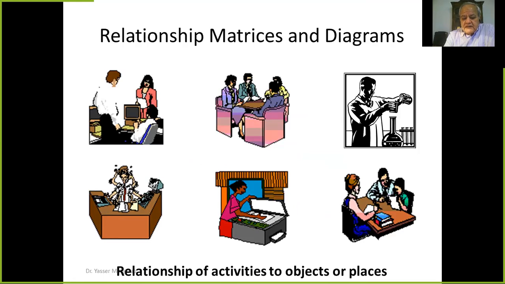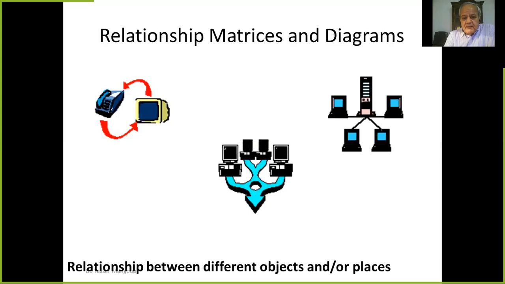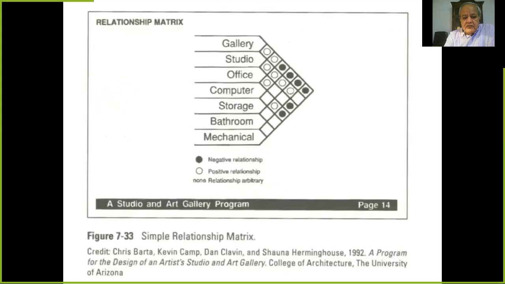You need to understand exactly what people do and what the requirements are to do this, how the building is connected through networking and computers and so forth. And then you start to translate that into relationships.